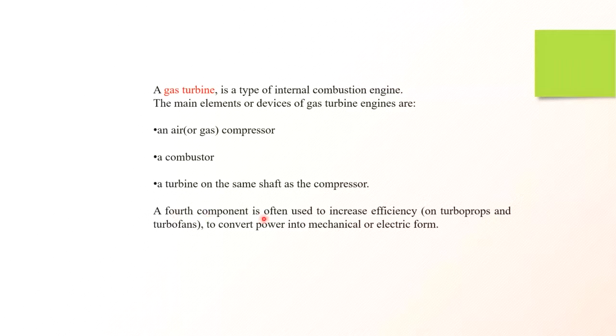The fourth component is often used to increase efficiency on turboprops and turbofans to convert power into mechanical form. So a turboprop engine is a turbine engine that drives an aircraft propeller.